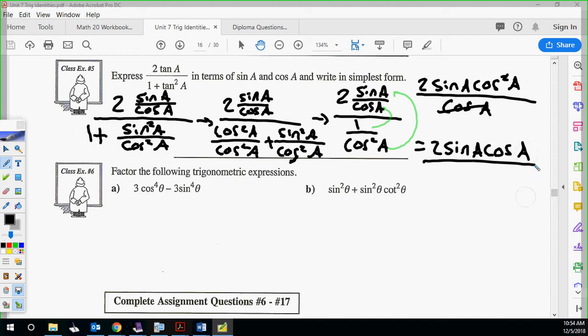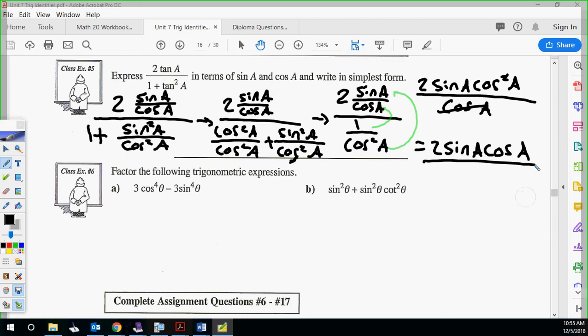What's that? Yeah? Because you're not sure if that's what it's supposed to look like or not? Yeah. How do you prove it? How do you prove what? That that's the right answer. Well, how can you prove it? Good question. You could plug in a value, and if you plug in that same value to that, they should be the same. Because you're simplifying, right?